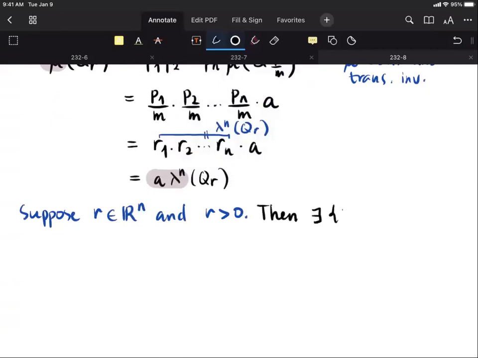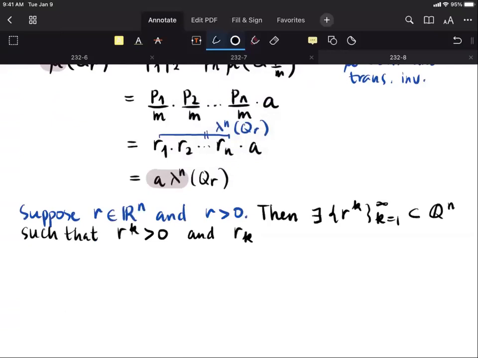By the density of the rationals, one can find a sequence, let's say R^k, of rational numbers such that R^k are also positive, and R_k increases to R. So by this we mean component-wise.